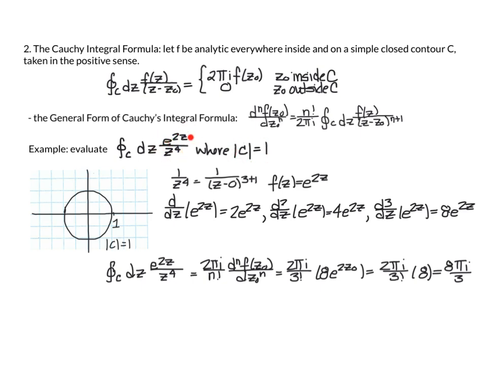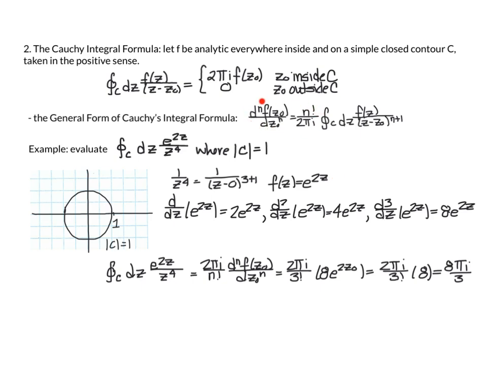Comparing this e to the 2z over z to the 4th to this integral, you can see f of z is equal to what's on top, the e to the 2z. What's on bottom, z minus z naught, that'll be z minus 0 raised to the n plus 1. Since this is 4, that must mean n is equal to 3.